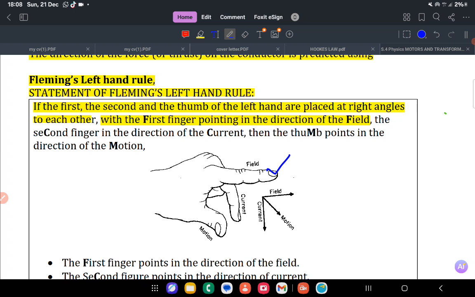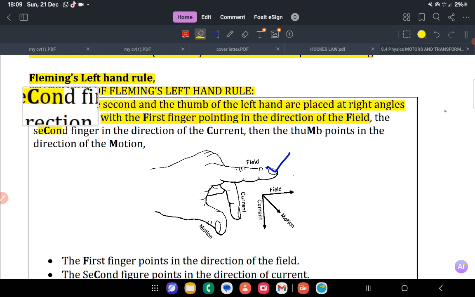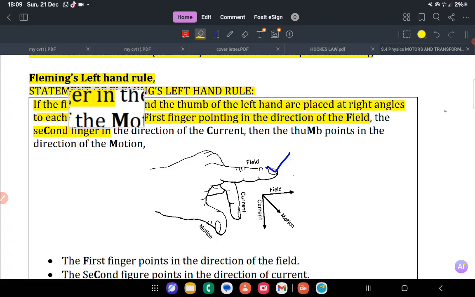All right? So the first finger is going to point in the direction of the field, like that. The second finger is going to point in the direction of current.